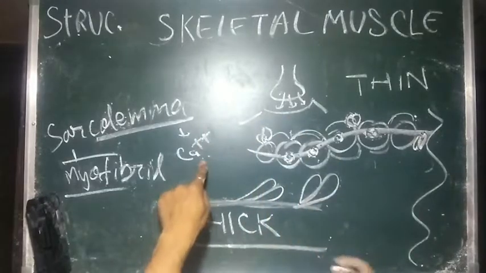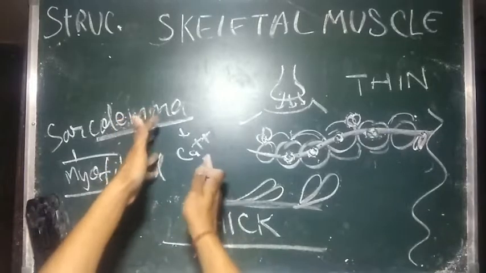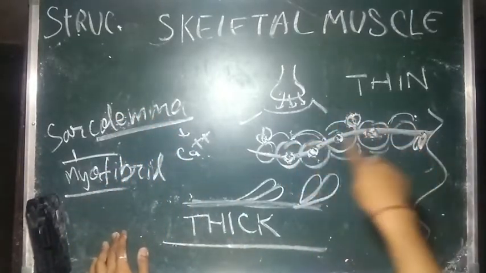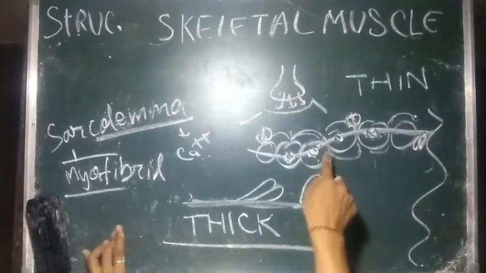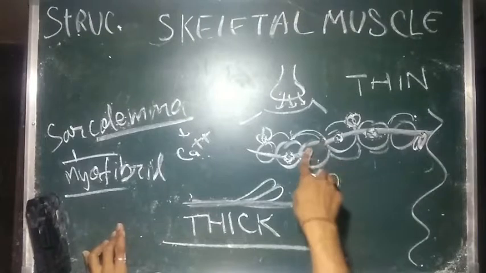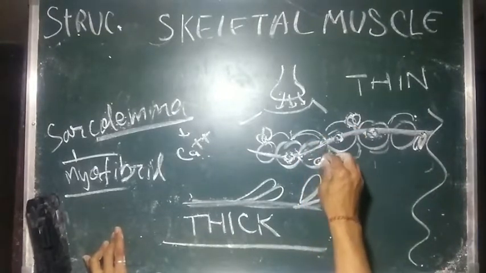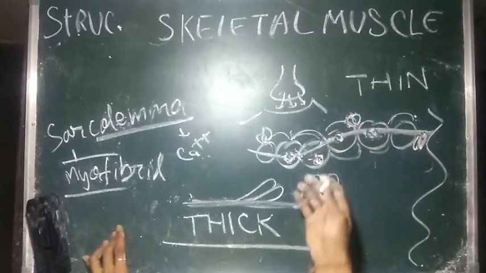Calcium, 2 positive ions. With the help of these calcium ions, the tropomyosin that is blocking the active site for the binding of the myosin head with the actin protein displaces, and it allows the actin-myosin binding site to carry forward the muscle contraction.